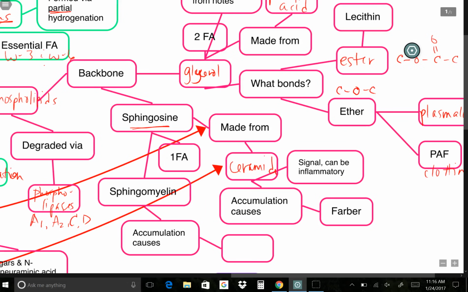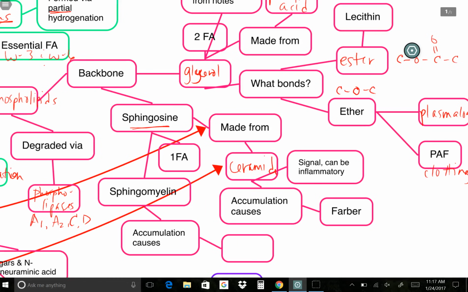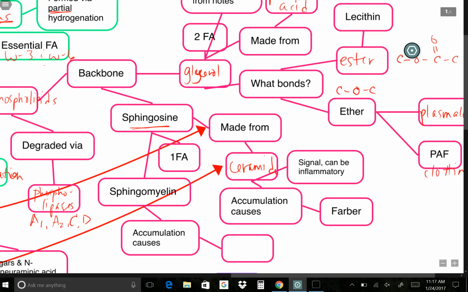Our sphingosine backbone plus a fatty acid makes up a ceramide. If you remember that, ceramides are signaling compounds, but if you have too much, then it can be really inflammatory. The genetic defect that causes accumulation of ceramide is known as Farber disease, and the genetic defect that causes accumulation of sphingomyelin is your Niemann-Pick.